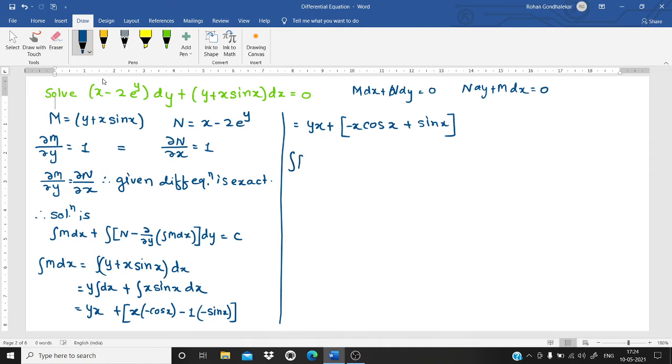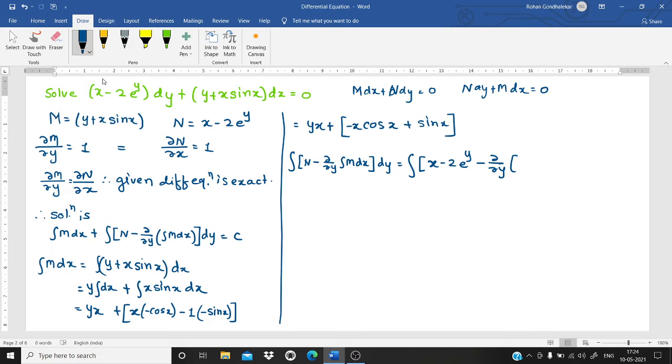Now integral of N minus del by del y of integral M dx, integration with respect to y, is equal to integral of N. The N is x minus 2 into e raised to y. Minus del by del y of integral M dx.